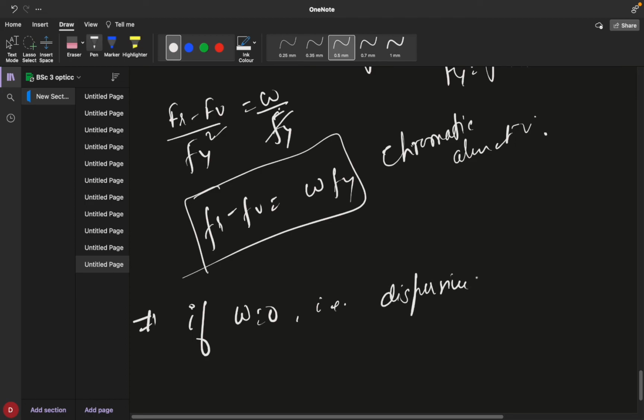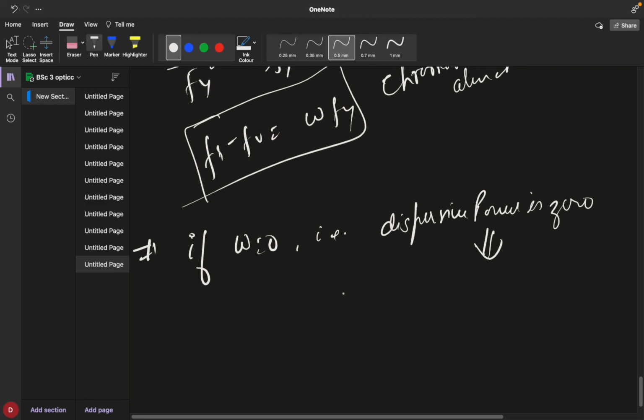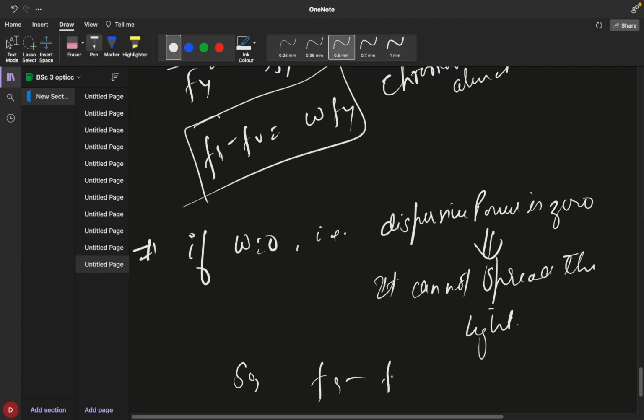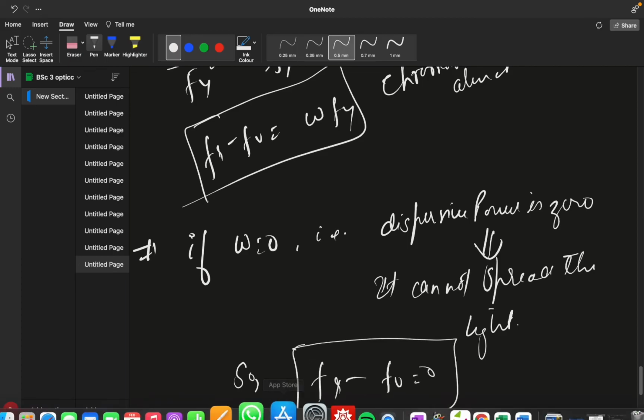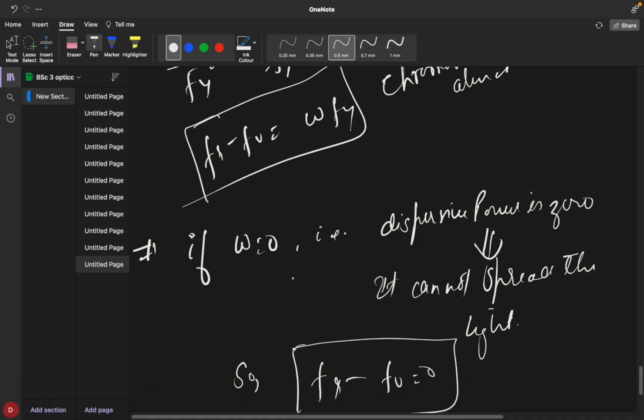Dispersive power being 0 means it cannot spread the light. So we can say Fr minus Fv is 0. This is the condition for chromatic aberration.